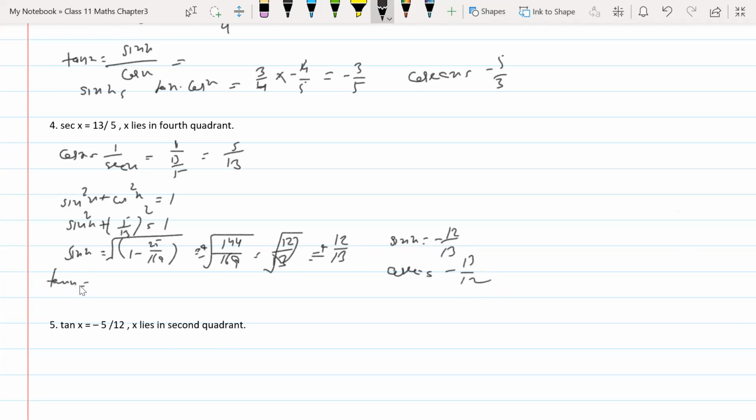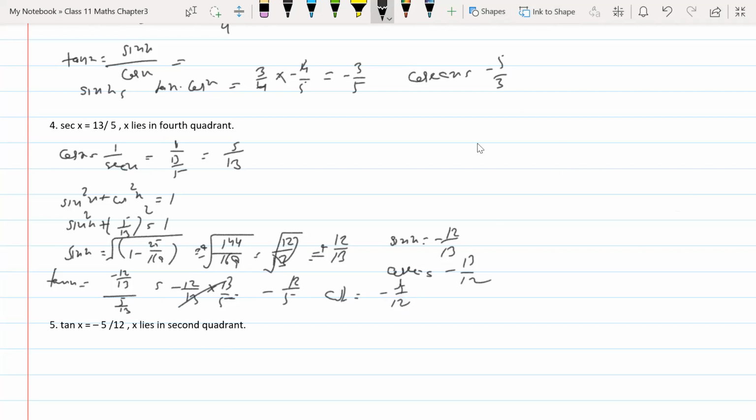Tangent is sine upon cos. So sine is minus 12 by 13 and cos is 5 by 13. Minus 12 by 13 into 13 by 5 gives minus 12 by 5. And cotangent would be minus 5 by 12.